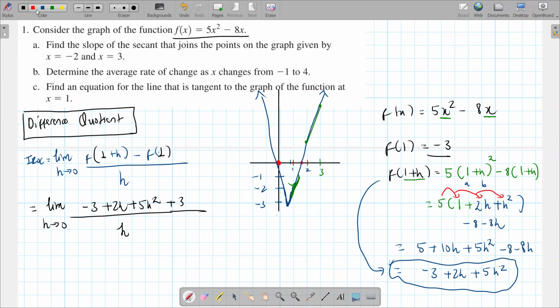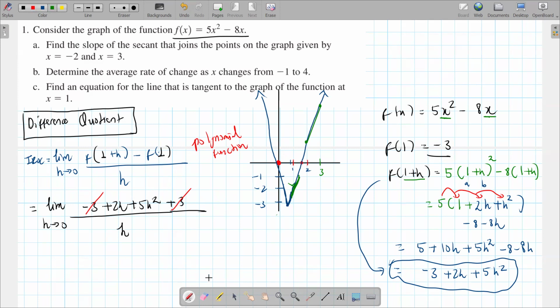When you do the difference quotient for a polynomial function, this does not apply to any other function, only for a polynomial function, things will always cancel out. So here, 3 and 3 gone.